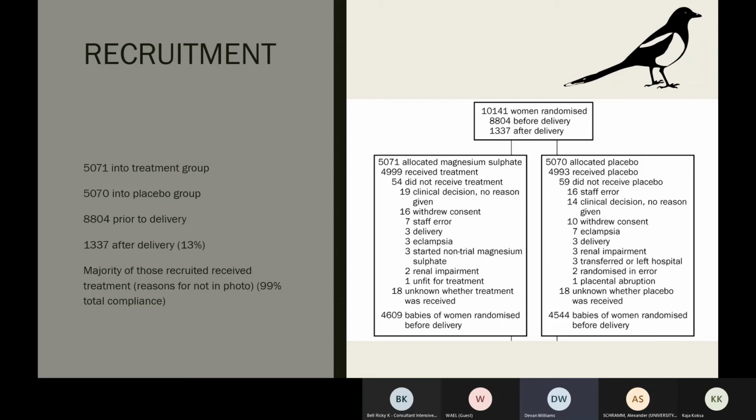And the majority of those who were recruited did receive some form of treatment. Those that didn't tended to not receive any treatment either because of a clinical decision or an error, with some actually developing eclampsia or delivering prior to the initiation of treatment. A few other reasons, which you can read there or look in the paper if you need to.